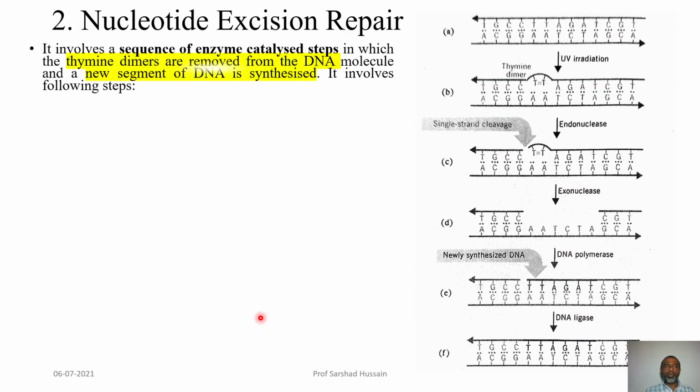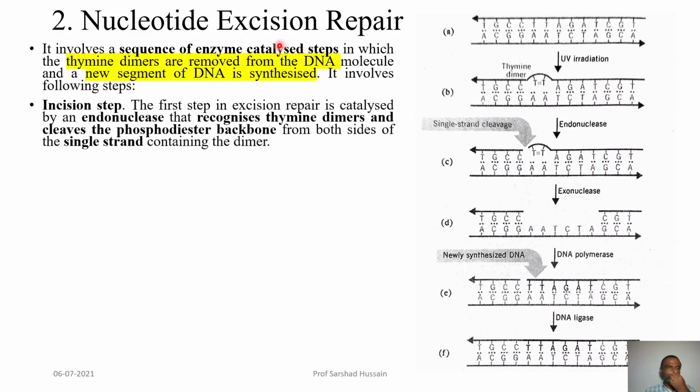Now, nucleotide excision repair, as the name itself indicates, you have to remove some nucleotides and then you have to resynthesize that part. Let us take an example. The first step is the incision step.